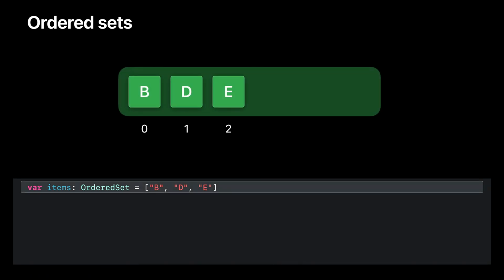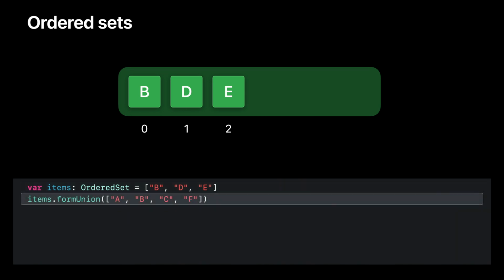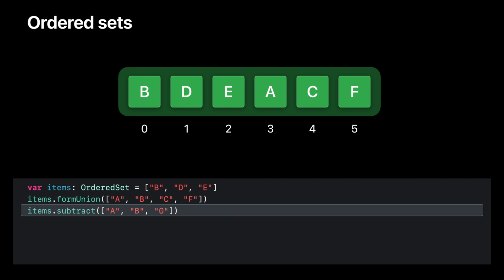Ordered sets also implement all high-level set operations from the set algebra protocol in an order-preserving manner. For example, forming a union appends any missing elements in the order they appear in the second set. Subtracting a set keeps the remaining elements in their original order.